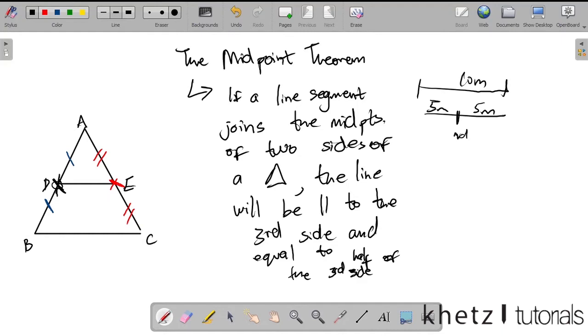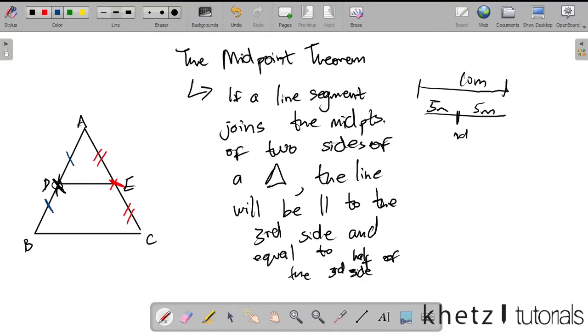So the theorem says if a line segment joins the midpoints of two sides of a triangle, so this line segment DE joins the midpoints of the two sides AB and AC, then the line will be parallel to the third side and equal to half of the third side.